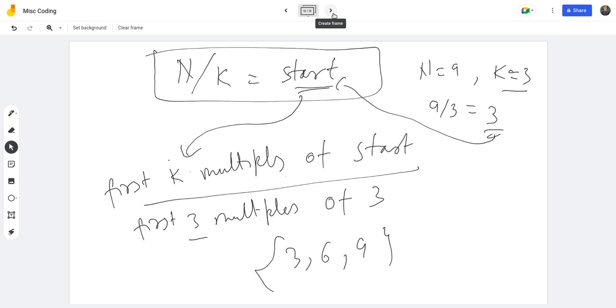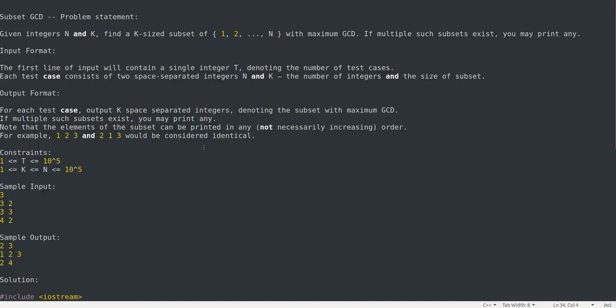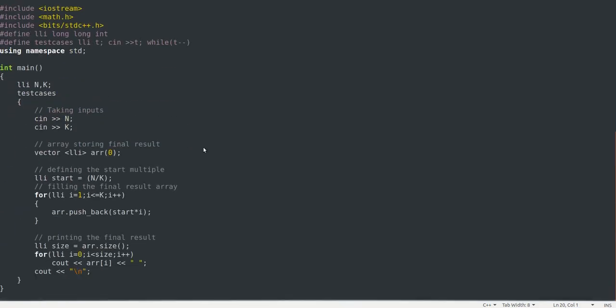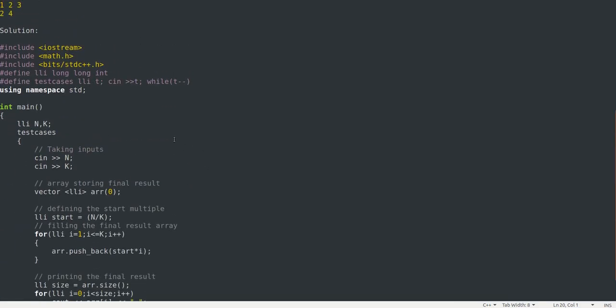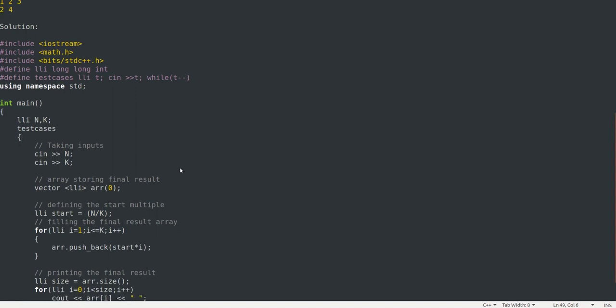So this is how we approached this problem. We solved a couple of examples and we came up with a general pattern and we figured out the solution. So now let us jump into the coding part as well. Yeah, so here is the solution, and again, the code is very simple.